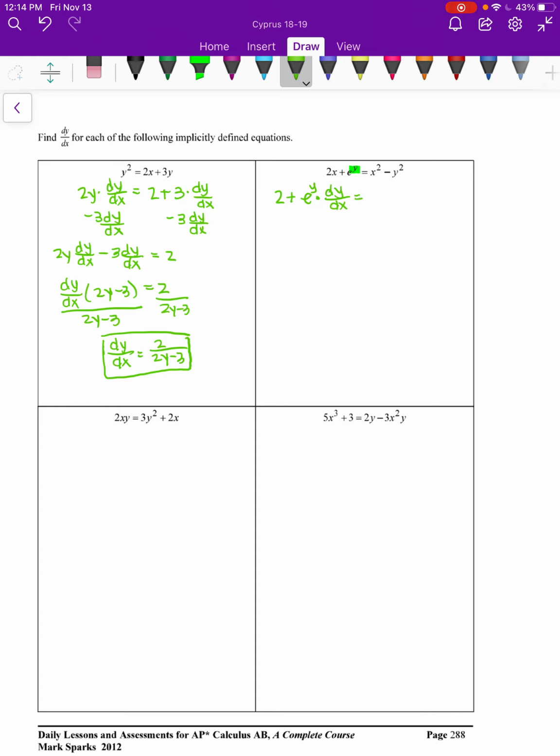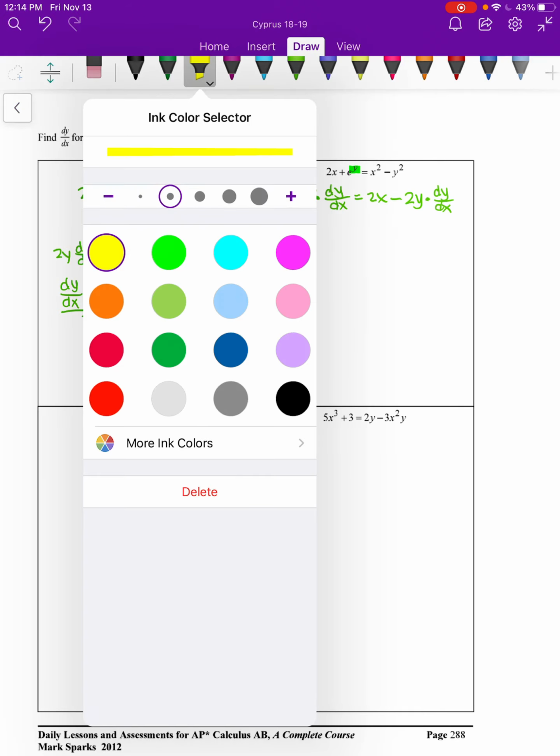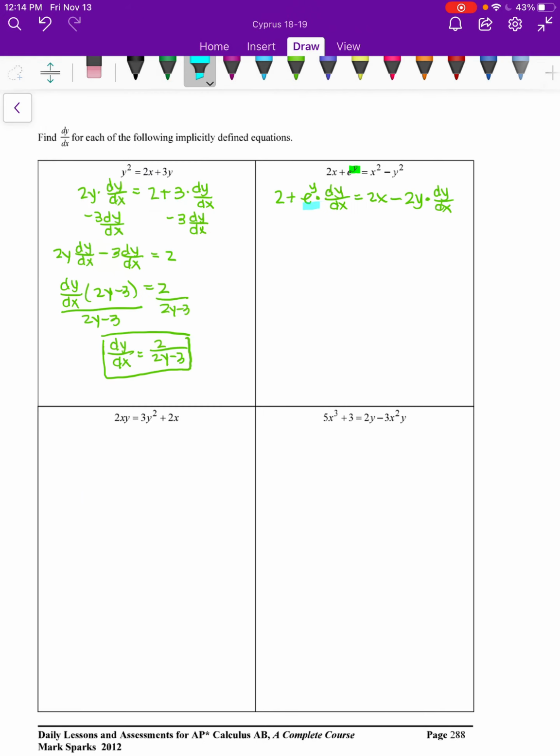And then equals the derivative of x squared is 2x, and then minus the derivative of y squared, the derivative of the outside is 2y, times the derivative of the inside is dy dx. We want to get, I'll use a different color here, the pieces that have dy dx on the same side, because we eventually want to get dy dx all by itself.